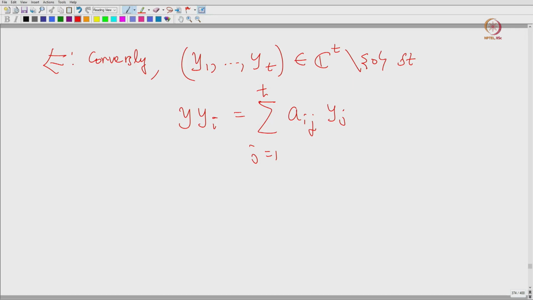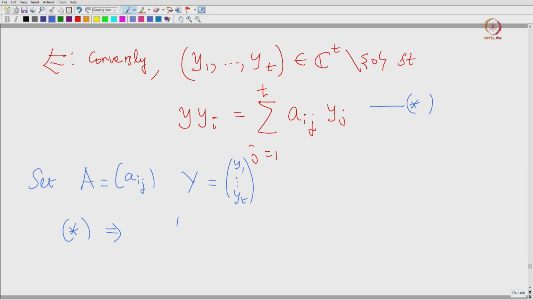Now, what we can do is simply set capital A to be a_ij and capital Y to be the vector y_1 etcetera y_t, and this star then reads as follows.